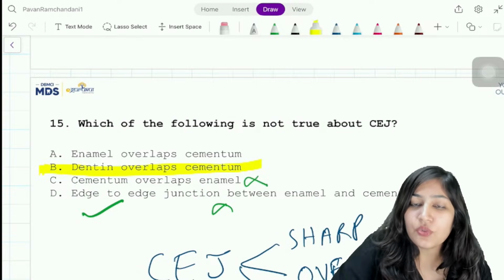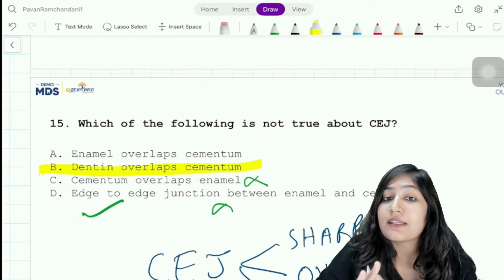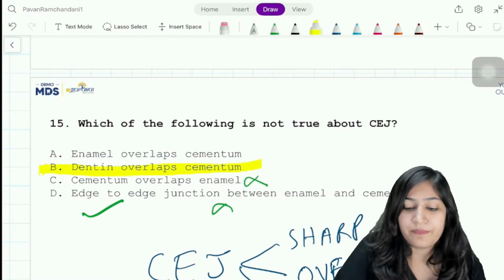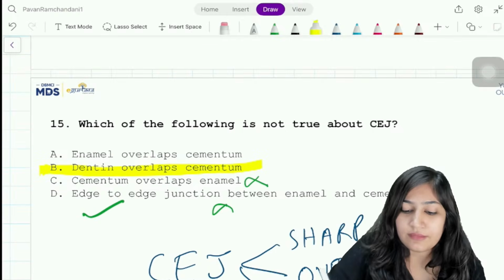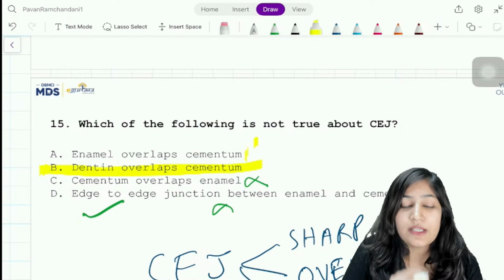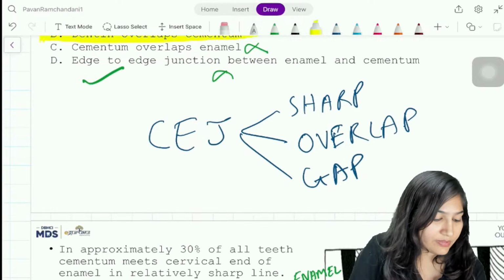It is not a part of odontogenesis. It is due to artifact during processing. So it may sometimes be present, enamel overlapping cementum. So the correct option here is dentin overlapping cementum.